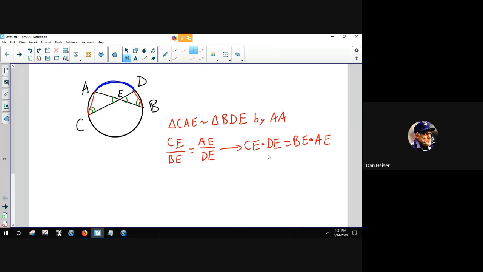These are chord pieces. The product of one chord's pieces is equal to the product of the other chord's pieces. That is our first property on proportions in circles.